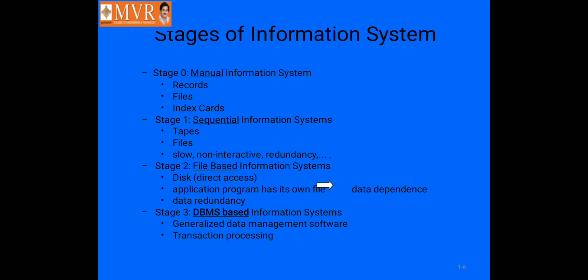For example, a ledger book used in accounts. There we have a serial number, page numbers, and index books with alphabet letters. We are using books and files, writing the file name on the top of the file. That we call stage 0.